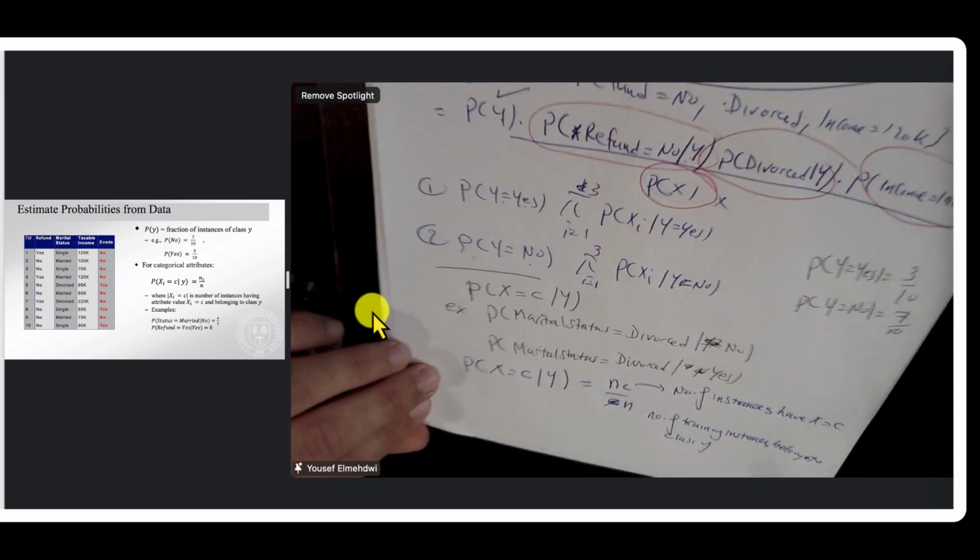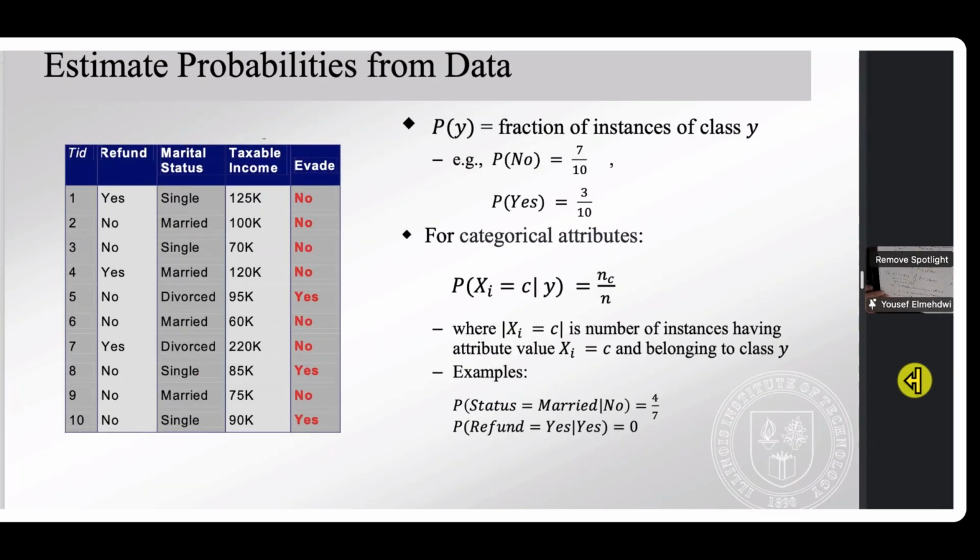Let's use this formula and see how to apply it. It's easy. Take a look here: marital status equal to married and the class label equal to no. The total number of training instances belonging to class y equal to no is 7: 3, 4, 5, 6, 7.